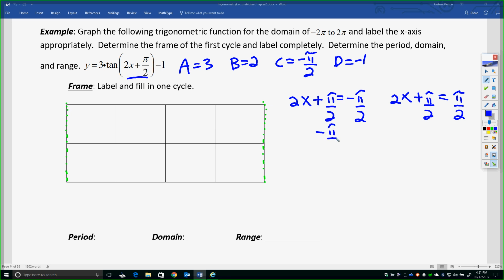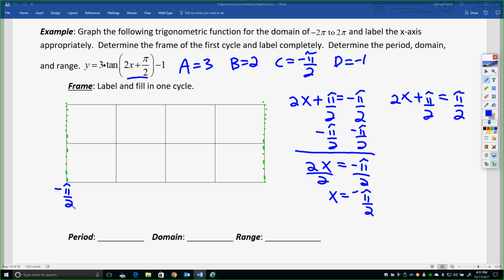So we subtract pi over 2 from both. That gives me 2x equals negative pi, so dividing by 2, x is negative pi over 2, and that gives us our first asymptote. For the second one, minus pi over 2, minus pi over 2, 2x equals 0, or x equals 0. That gives us our second asymptote.